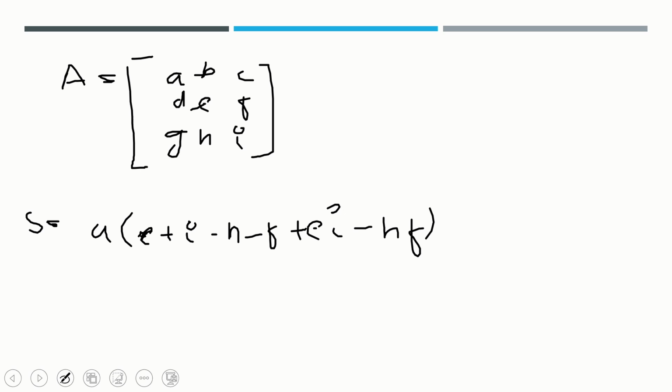Same way you have to do this. You have to write like this.